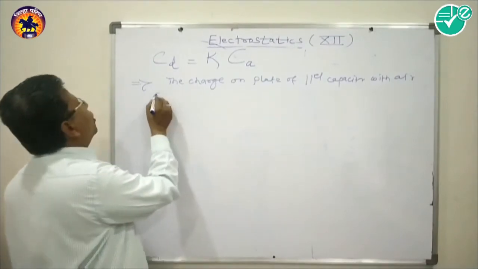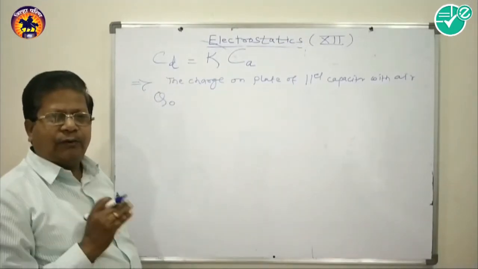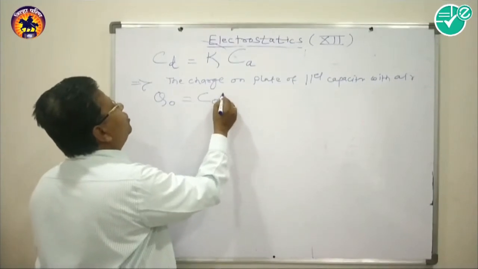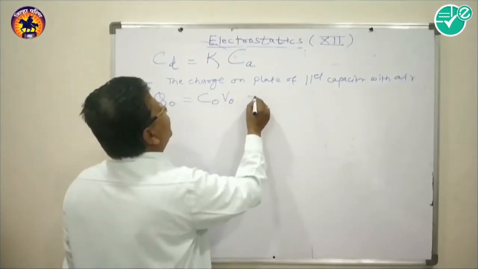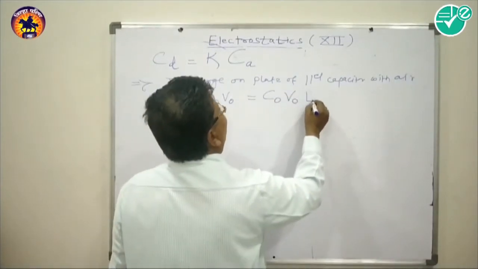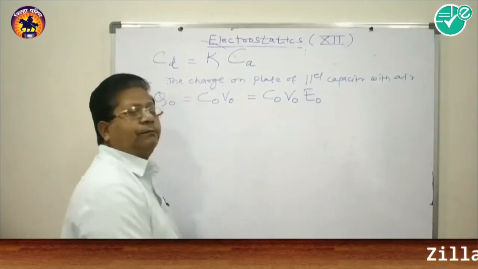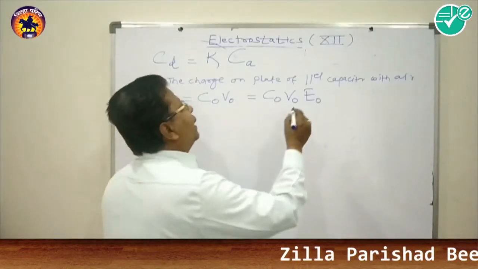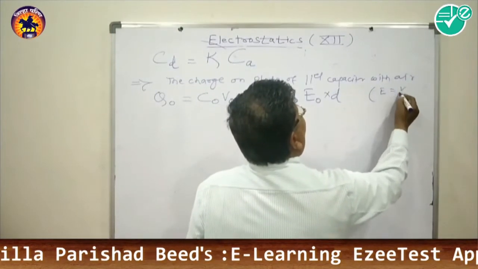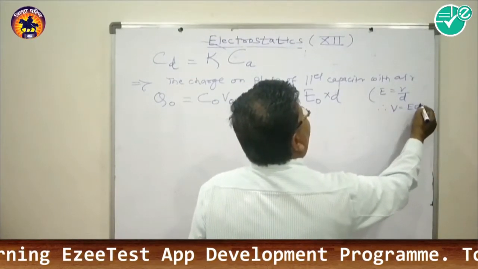is given by the formula Q is equal to, as C is equal to Q by V, therefore Q is equal to C into V, so Q0 is equal to C0 into V0. Again, this can be written as C0 into E0 into d, because E is equal to V by d, and therefore V is equal to E into d.